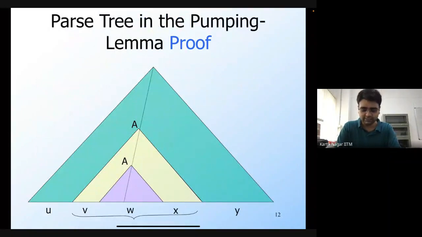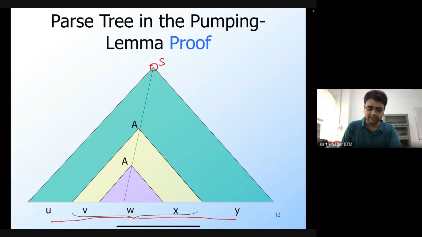So this is the diagrammatic representation. I consider this longest path. This is the root node, and this is the string itself. At the end I have the string, and I consider this longest path from the root node to one of the leaf nodes. I know that some particular non-terminal is going to be repeated on this path, so let's say A is repeated on this particular path.